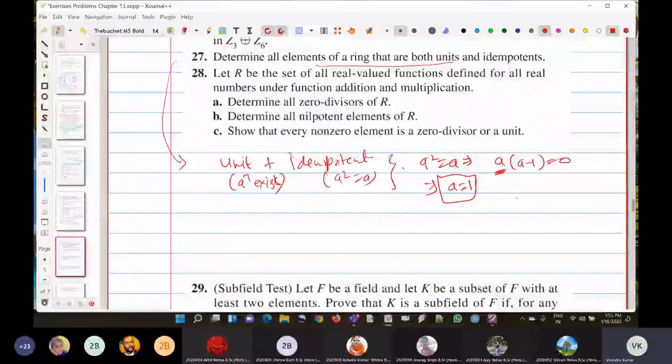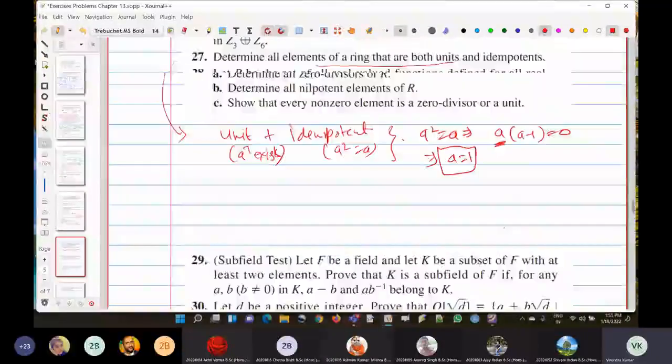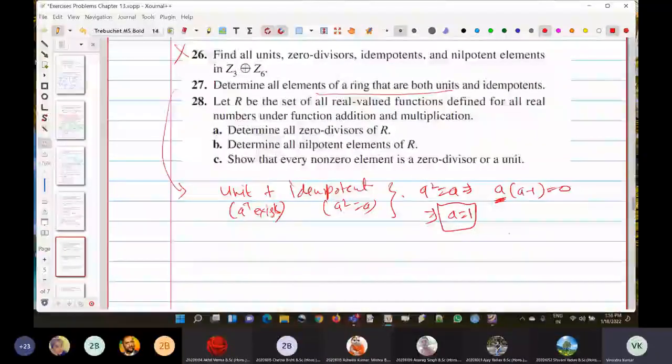28th question: R is a set of real functions defined for all real numbers under addition and multiplication. It asks about zero divisors. They are asking some small things, that you need to find zero divisors, nilpotent elements, and whether every non-zero element is a zero divisor or a unit.